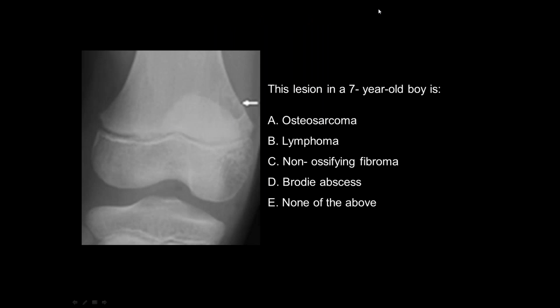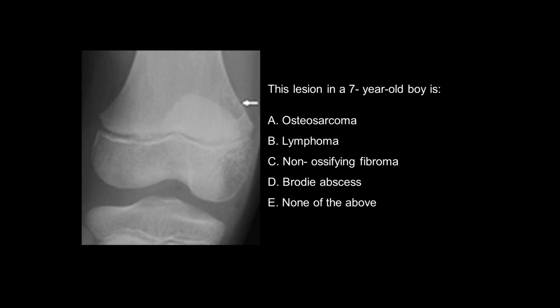Okay, and then we're nearly there. Another case for you. Waking up again. So we have a 7-year-old boy who comes into our department because of knee pain. And I give you 5 options here. Is this an osteosarcoma? Is this a lymphoma? Non-ossifying fibroma?